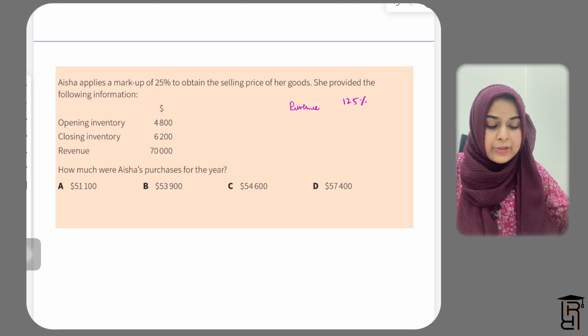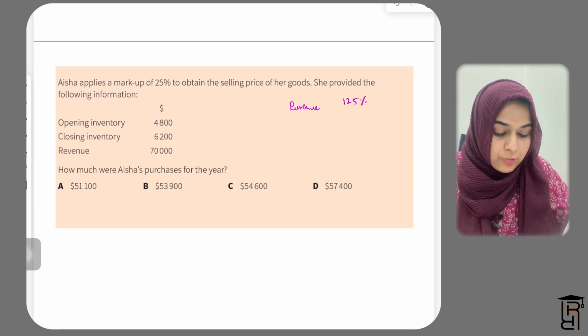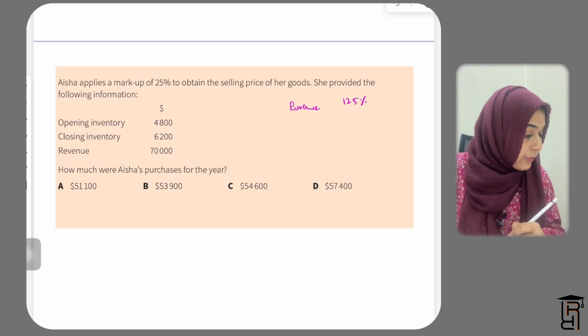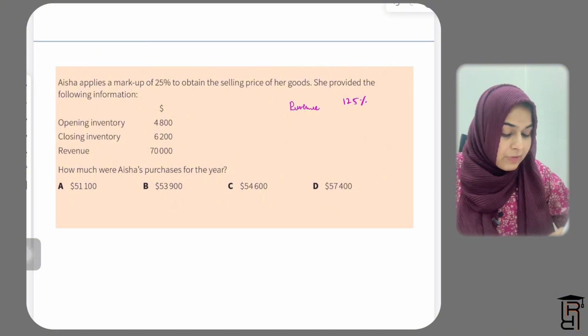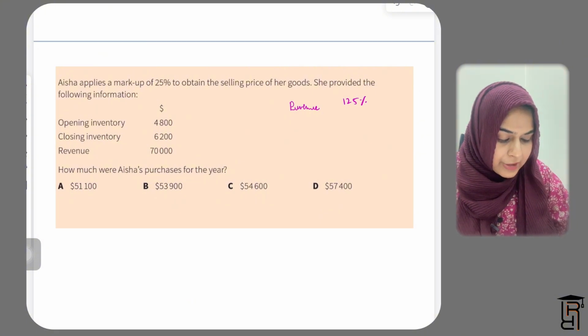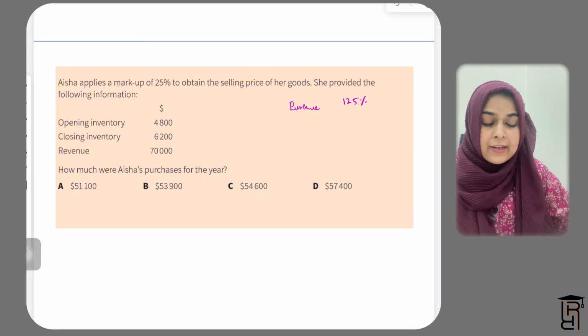Then they are asking how much were Aisha's purchases for the year. So you will take 70,000 as 125%, and then 100% will be X, and when you cross multiply, you get the value for X. The value for X will come out to be 56,000, which is my cost of sales in this case. Again, I'll apply the cost of sales formula to find out purchases.